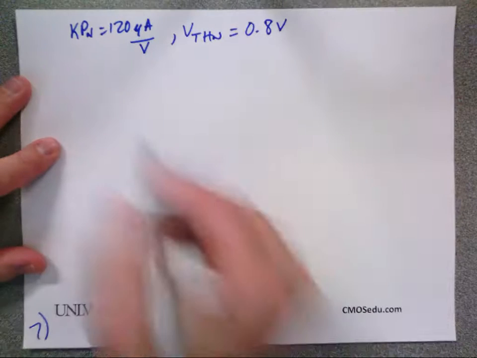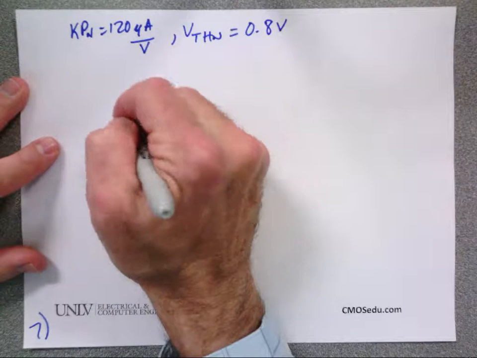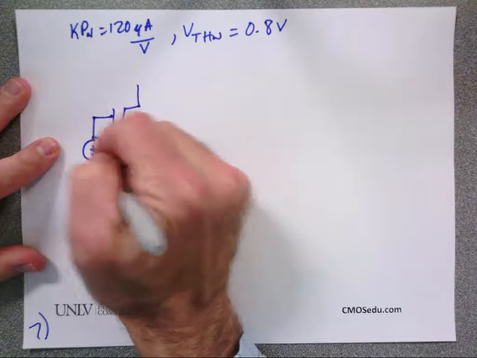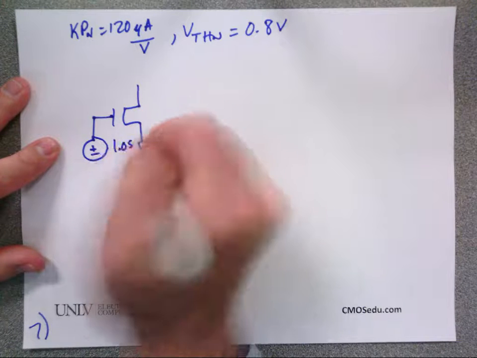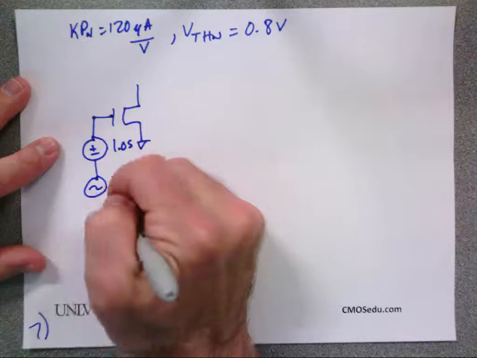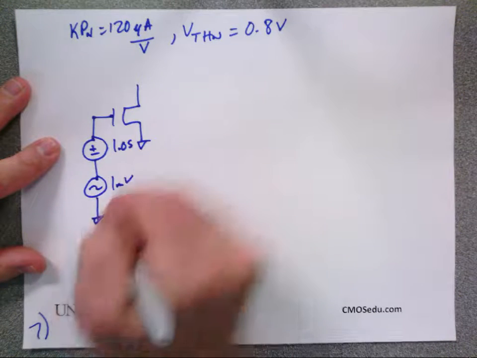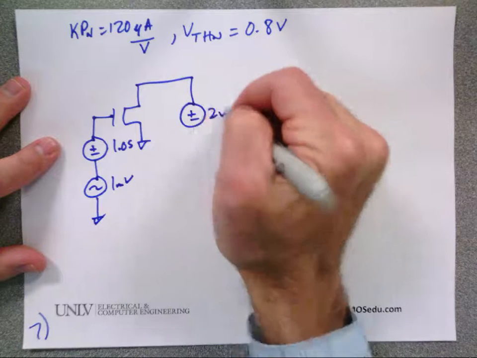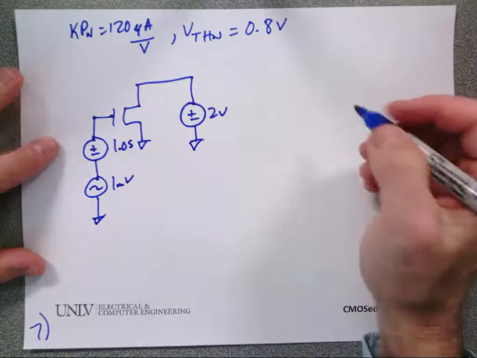Okay, so let's do the following. I think I used 2 volts, that's fine. So let's calculate ID.